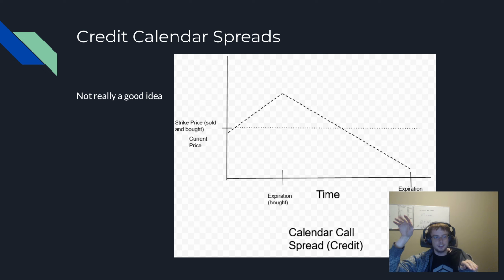But you have to move the selling one out so far on the calendar that you can still have a credit spread. And oftentimes to do that, you end up with a strike price on the sell that's very close to the bought, but a big calendar gap. It depends a lot on the underlying asset, but at least an intimidating calendar gap between the two.